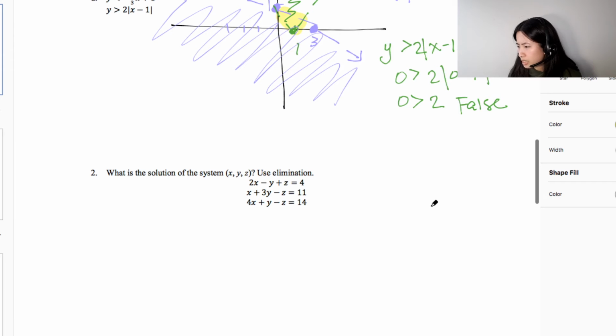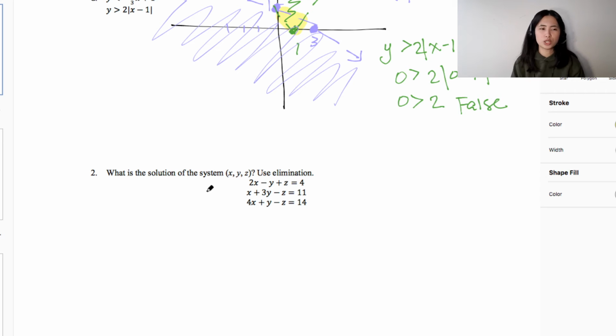Okay, so for the next part, it says, what is the solution of the system x, y, and z? Use elimination. So apparently we have three equations here: first, second, and third. We're used to seeing just two equations, and we're probably wondering how you're supposed to solve this question.